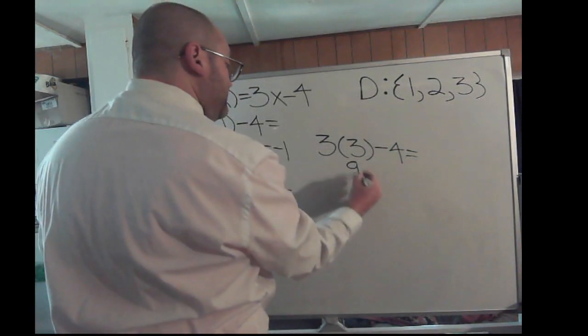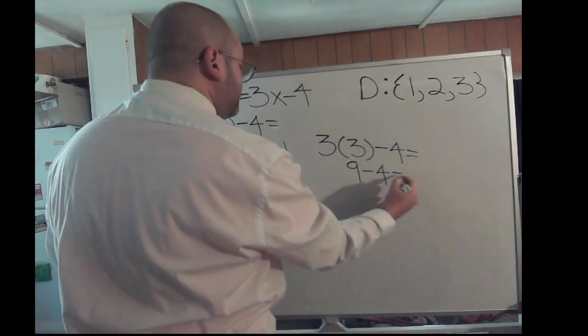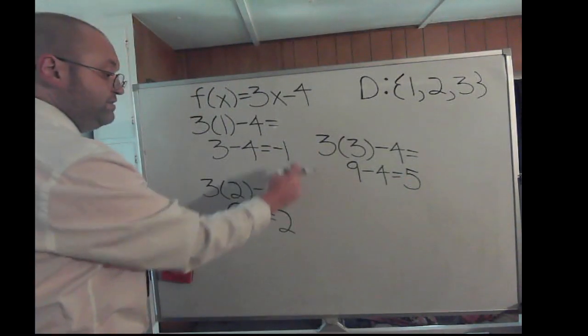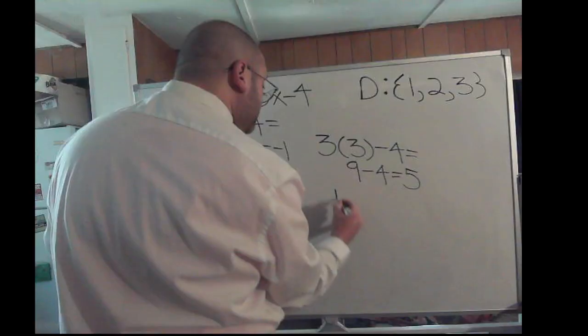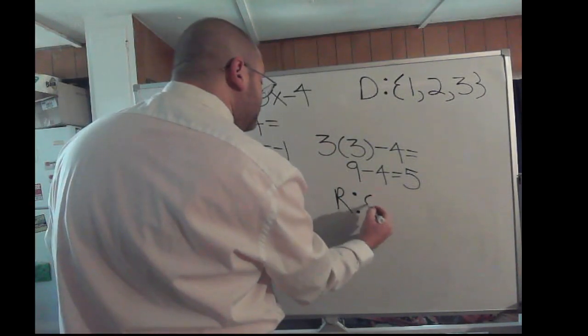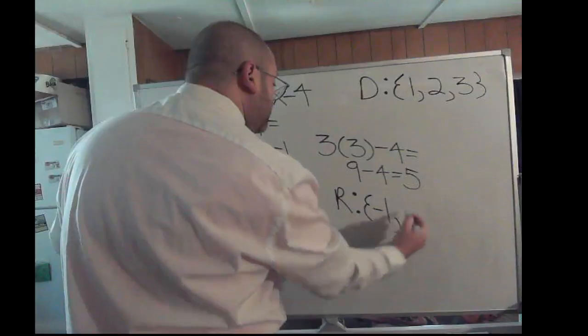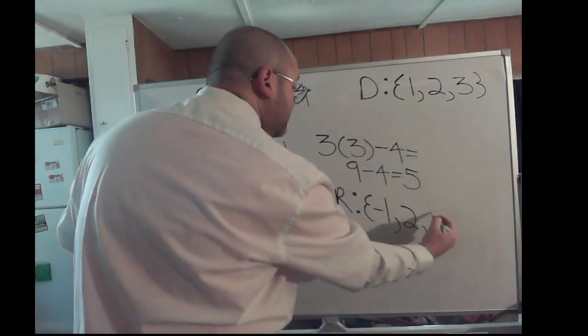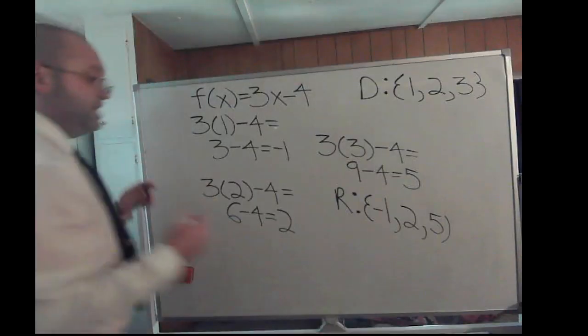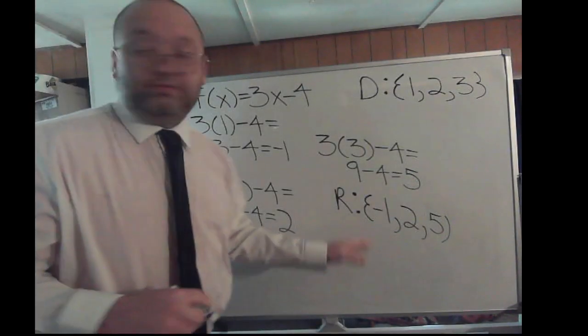That's equal to 9 minus 4, which therefore equals 5. So we have the range values of -1, 2, and 5. So the range of this function is going to be -1, 2, and 5.